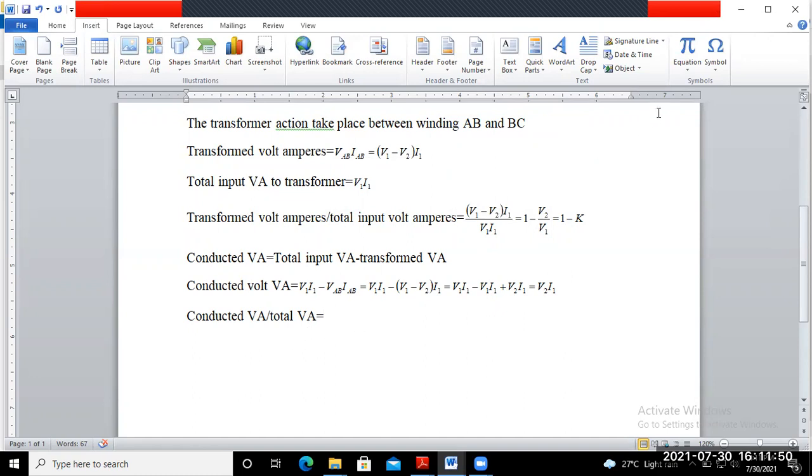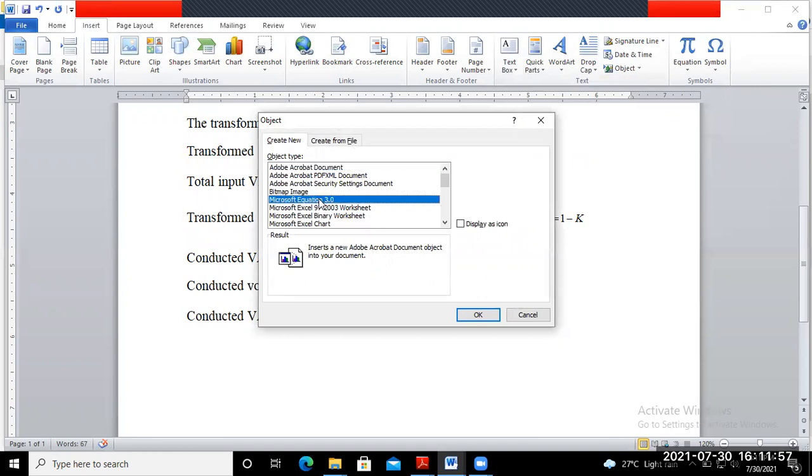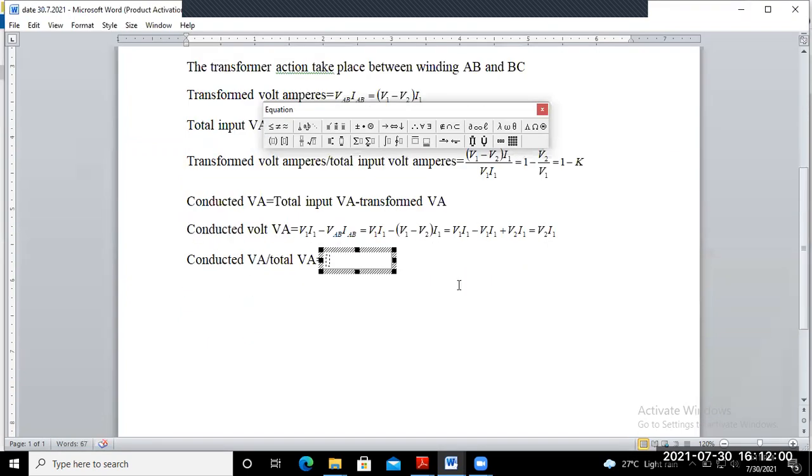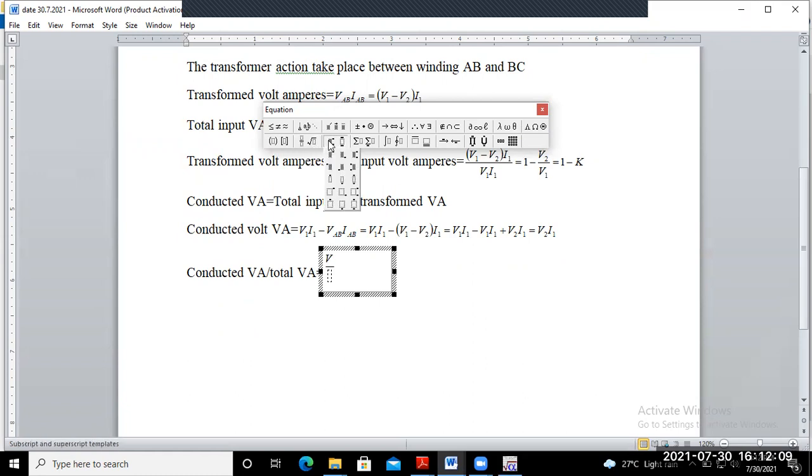So just divide here: V2 I1 divided by V1 I1.